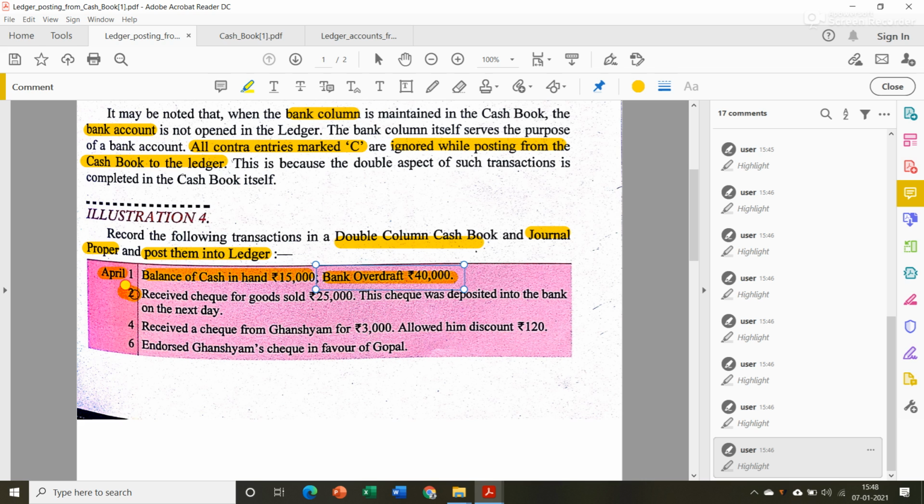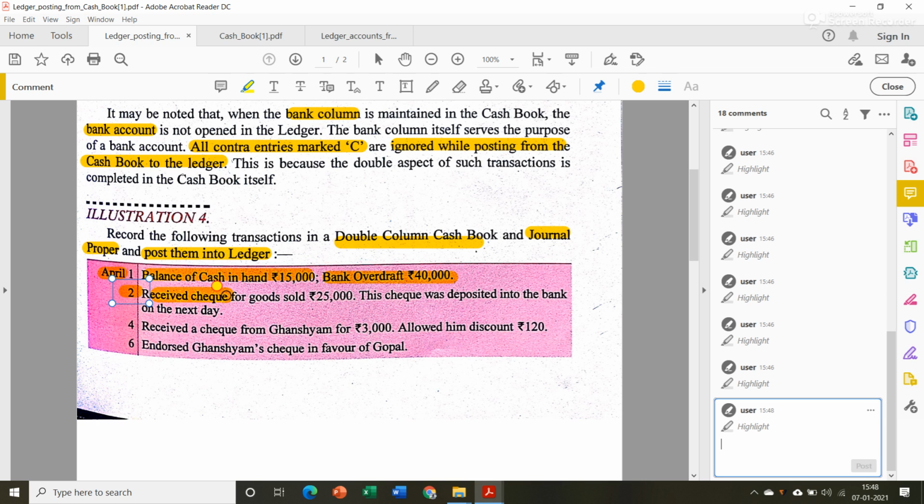Now let us see April 2. Received check for goods sold rupees 25,000. This check was deposited into the bank the next day. Remember that the check was not deposited on the 2nd of April. That means on day 2 it is still our check in hand.